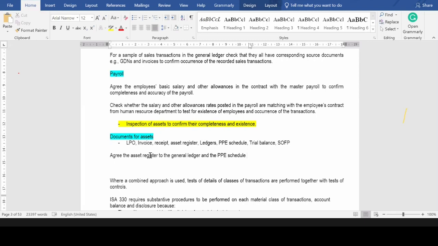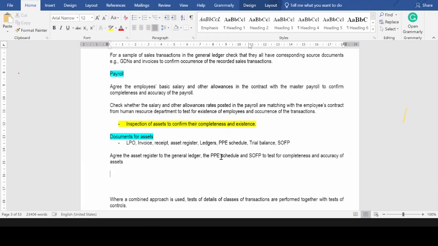This should be matching to test for completeness and accuracy of assets.